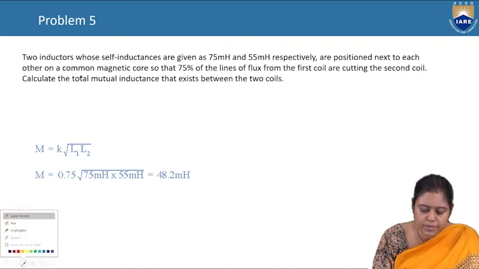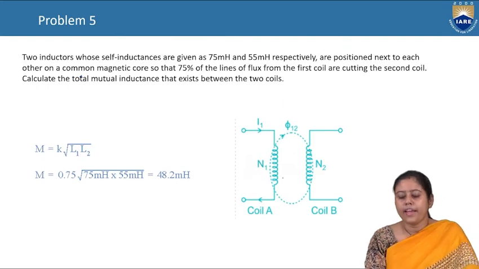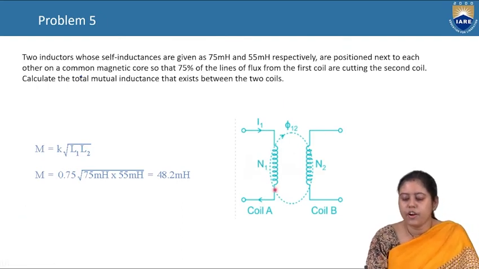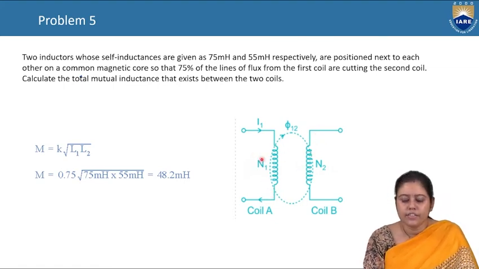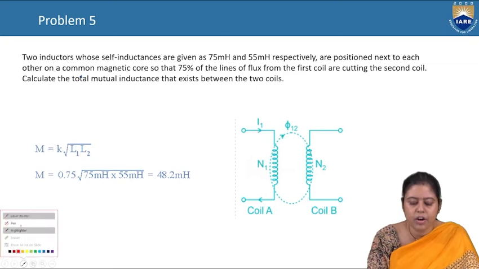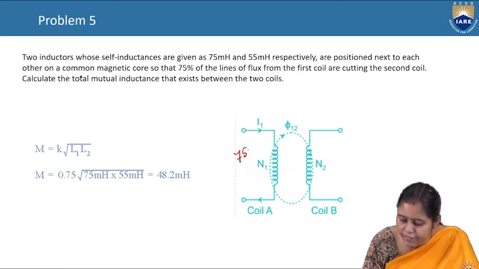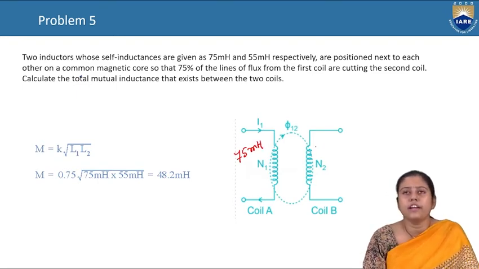So what does it mean? Again, this is the first coil and this is the second coil. N1 is the first coil, and the inductance of the first coil is 75 millihenry. The inductance of the second coil is given as 55 millihenry.